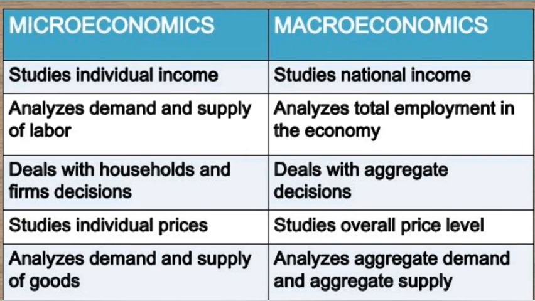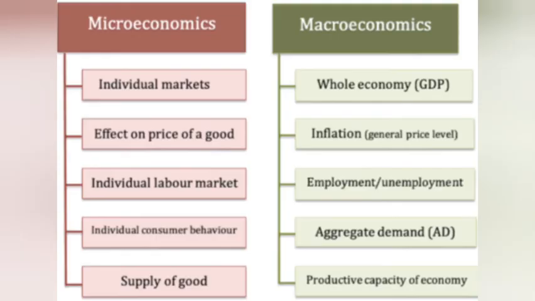Under microeconomics we see particular households, firms or industries, but in macroeconomics it's all about national income, inflation of price, national output, unemployment, and also poverty. Under microeconomics we analyze the demand and supply of labor, whereas in macroeconomics we analyze the total employment in the economy.